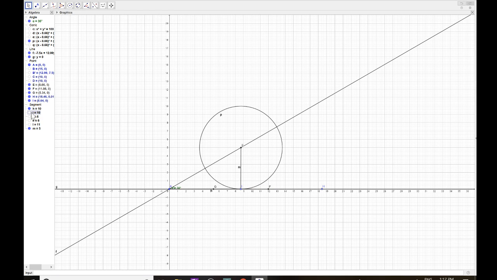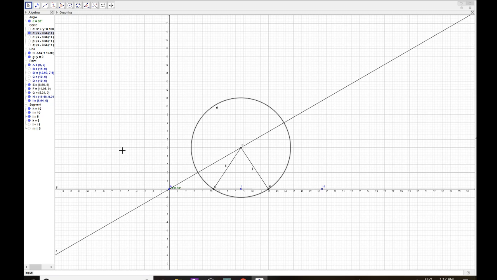The ambiguous spot in between comes from a situation like this, with one of these guys. And I've got to switch to a different circle too. There we go.